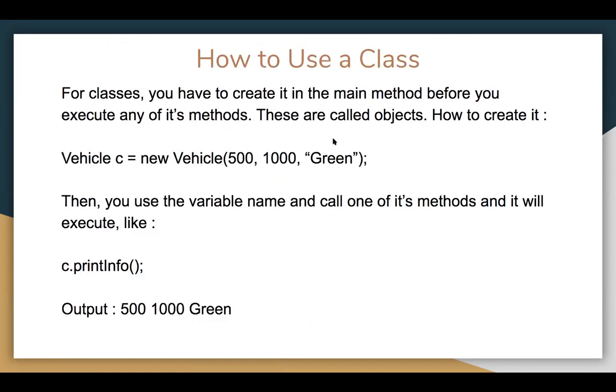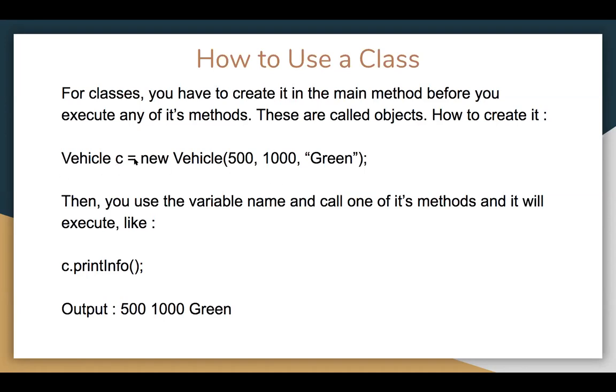Right, so how do we actually put these classes that we made to use? A rule with classes is that you have to create an object in the main method before you execute any of its methods. You can see there's an example here of how to create it.